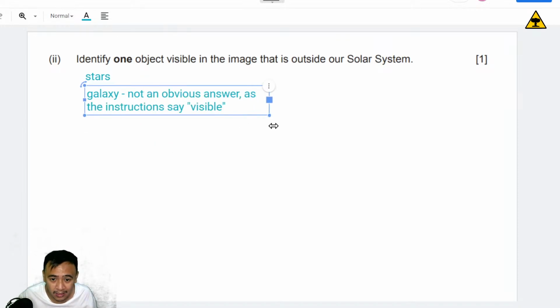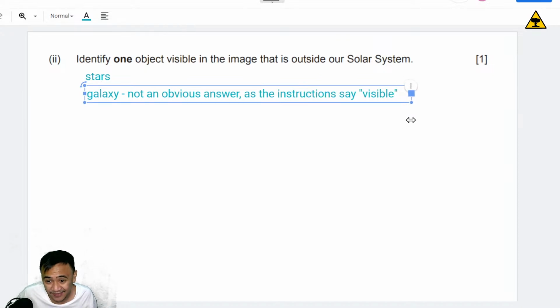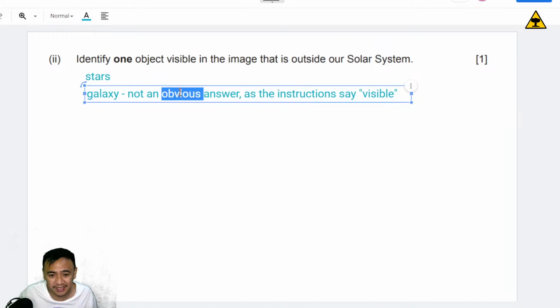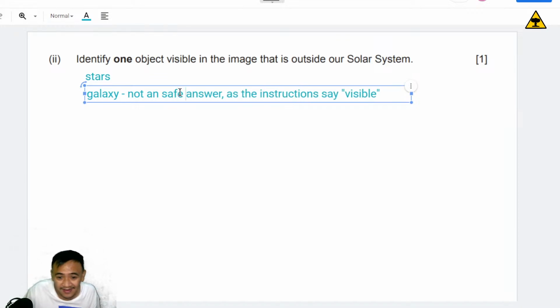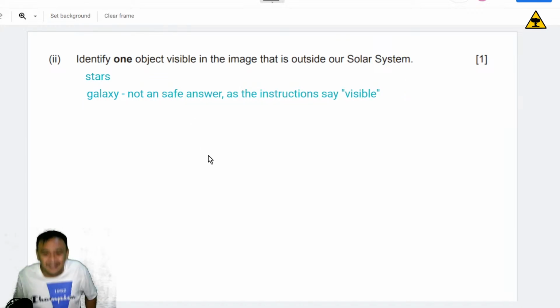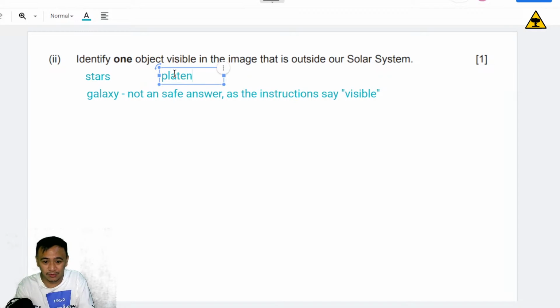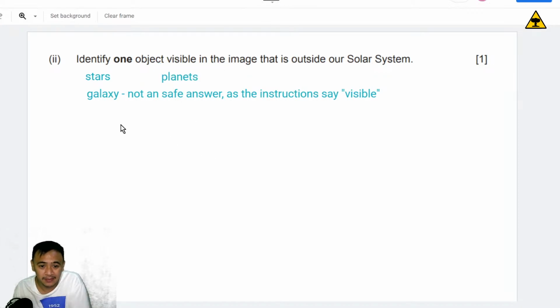I'm just going to say it's not a safe answer, so I'll change that. It could be given, but I'm not so sure. Another possible answer here could even be planets, because at the moment we don't know if some of those dots are actually planets, but they could be seen.